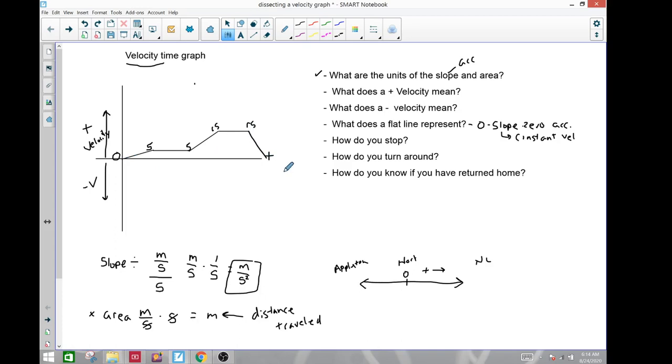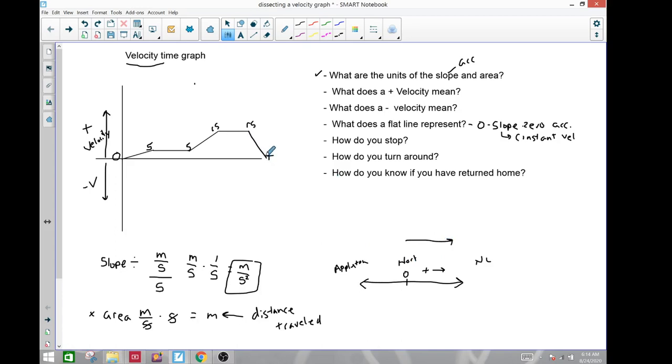Okay. All right. So how do you turn around? In this case, we're traveling with everything at positive velocity, so everything is heading towards New London. We may be slowing down, but we're still moving towards New London as we approach 0 velocity.